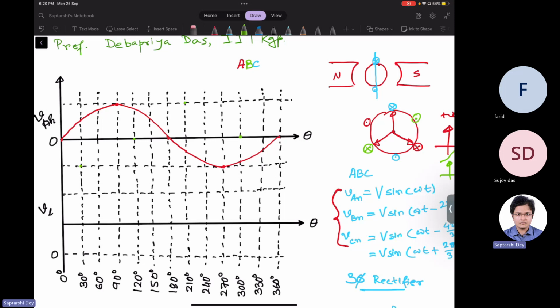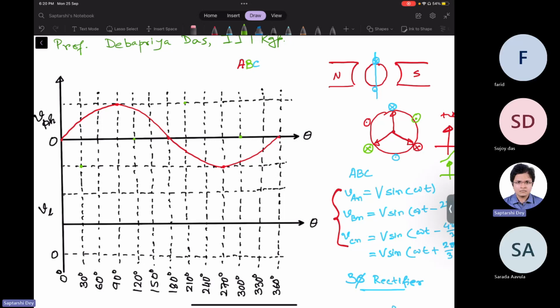Sorry, 30 degree is the negative peak. Again, 30 plus 90, 120, it will reach positive zero crossing, which we have already marked. So now we have got the dots to draw phase B voltage. So we can draw phase B voltage.